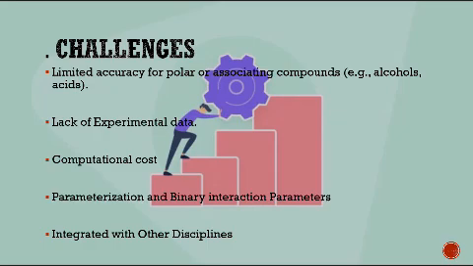There is lack of experimental data. Equations of state parameters depend on lab measurements, and for new or rare chemicals, these data might be unavailable. There is also computational cost. High precision simulations can require powerful hardware, and they could also be time consuming.